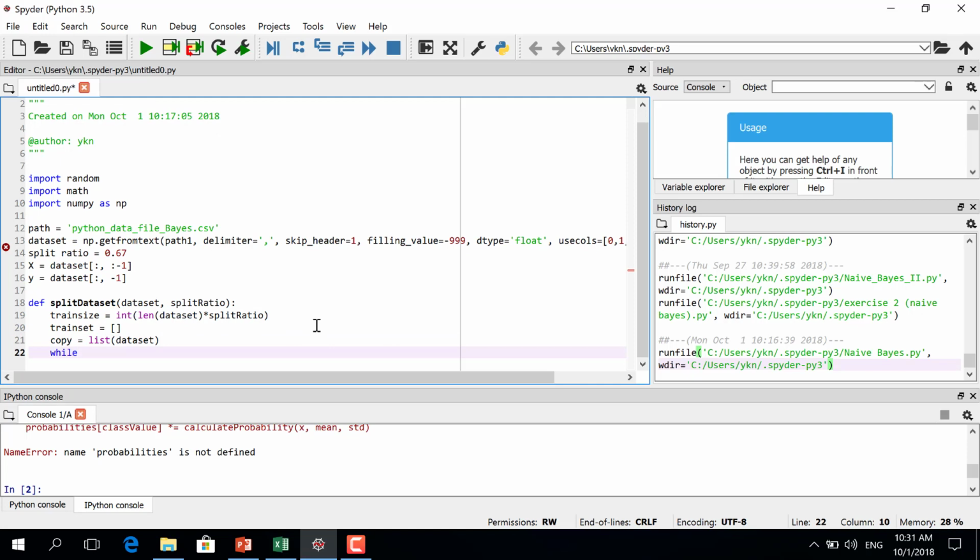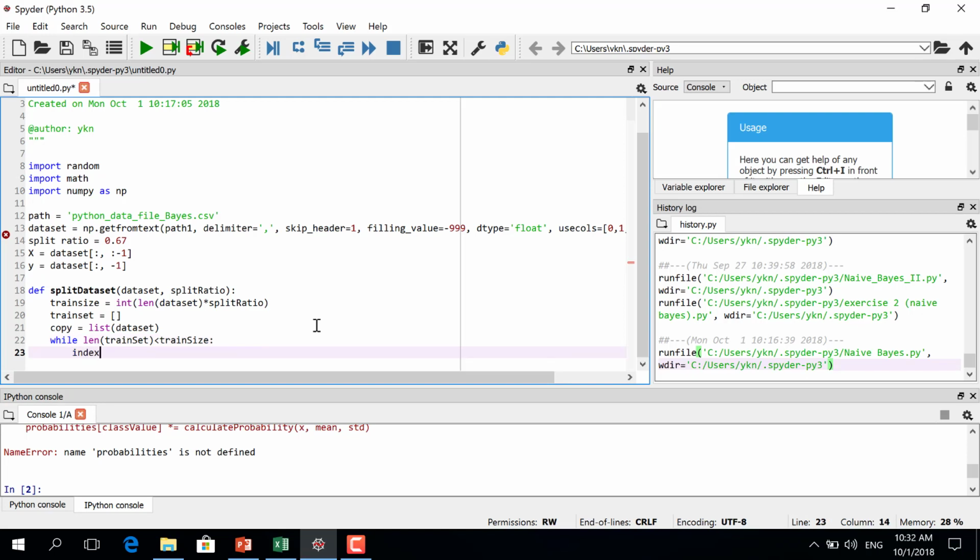And now we have to put a conditional that while the length of the train set is less than something. Where is less here? Okay, here, less than train size. Then we have to put index.